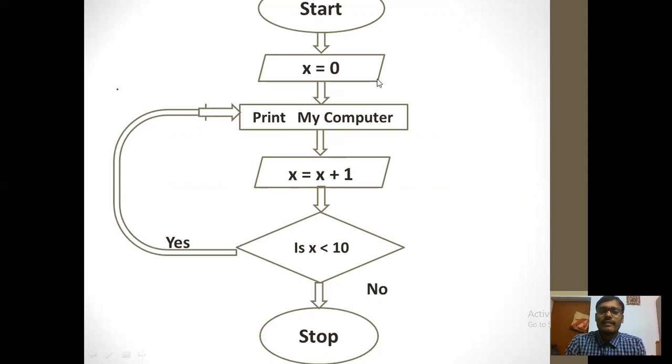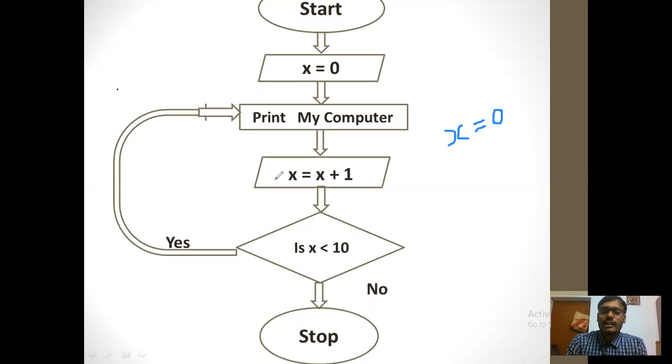What was the earlier value of x? Earlier x equals 0. Now x has become 0 plus 1, meaning the value of x has become 1. This was the earlier value of x, x equals 0.